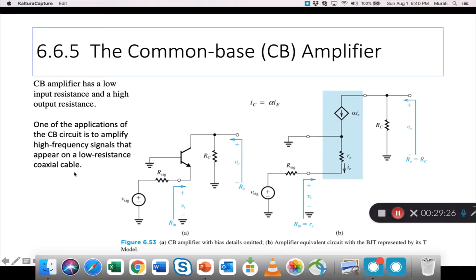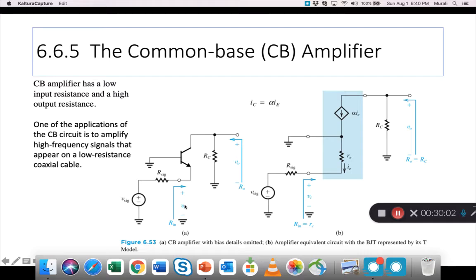If it's high, you can just use a regular CE amplifier, which is the best. But if it's low, you need a way to match it. And so the CB amplifier basically does the job of taking low voltage or low impedance inputs and matching it to another amplifier circuit, which has a high input impedance. Okay? That's the big reason why CB amplifiers exist.